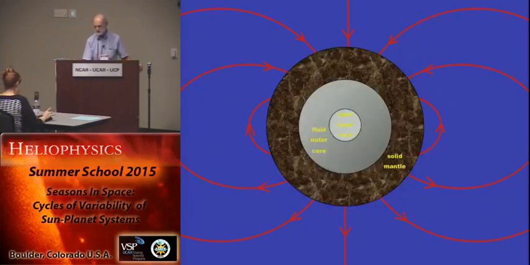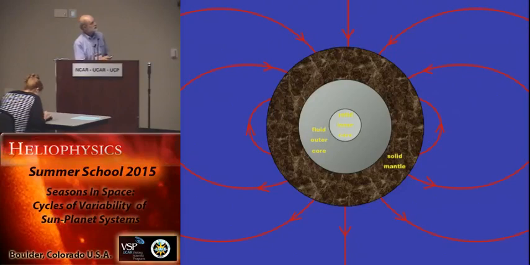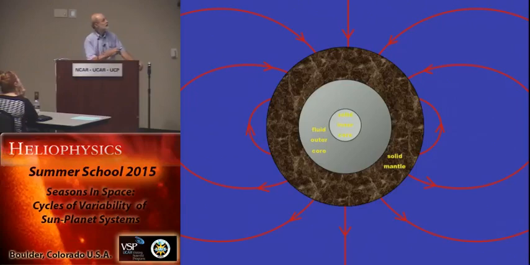So just to put everybody on the same page, and again, Fran gave you some information earlier this morning about the interior structure of the Earth, this is just a very simple schematic. The outer region here is solid mantle. It's really not solid. It's undergoing mantle convection, but at 1,000,000 times more slowly than convection in the fluid core.